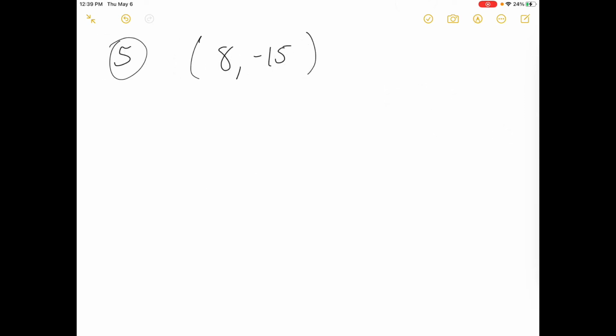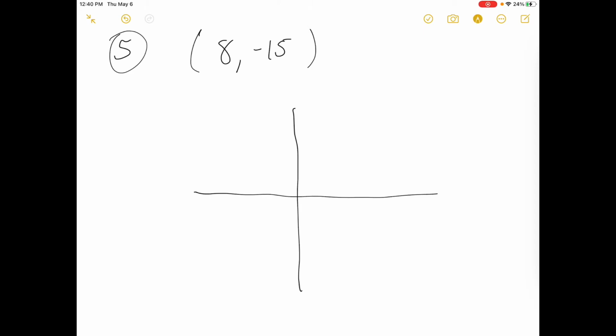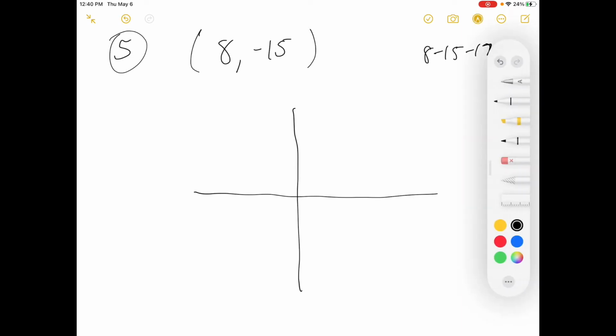Now let's look at one where it's not on the unit circle, but this is a right triangle triple. This is 8, 15, 17. I'll change this to a positive for now. Okay.